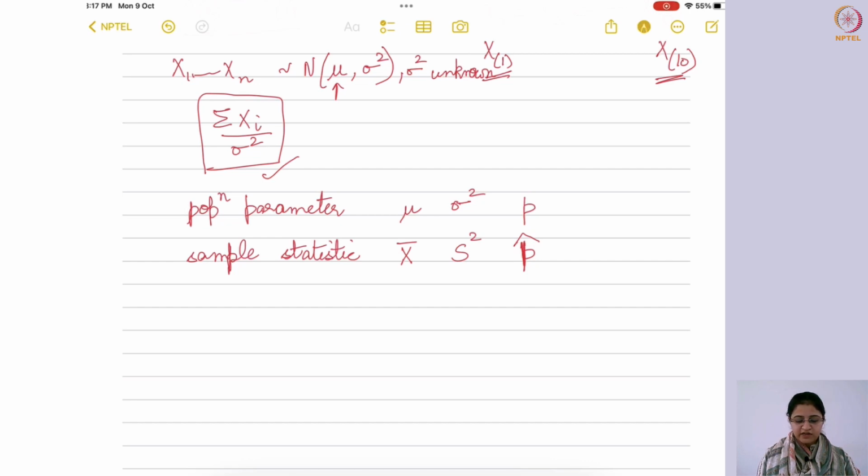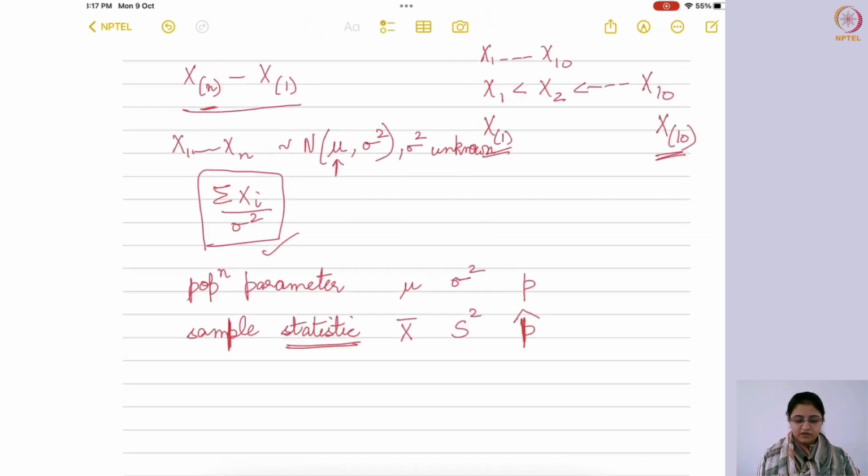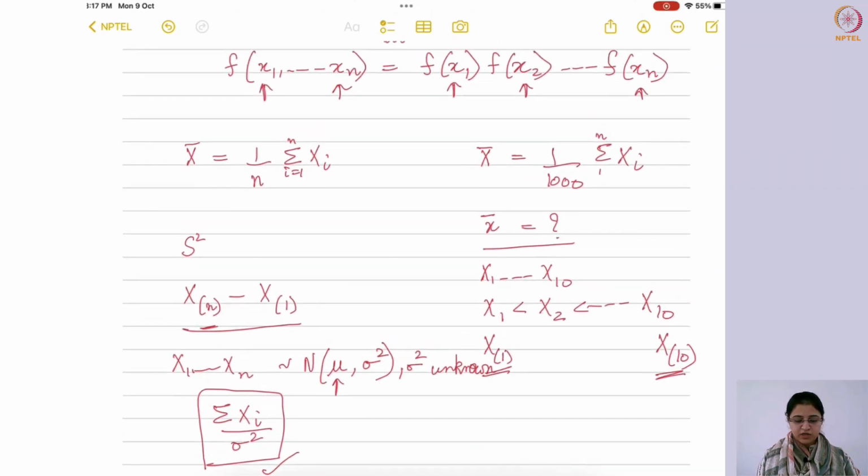And you can see that whenever we are talking about a statistic, mind it, it is not statistics, the subject, it is statistic, which is basically a function of the random sample. Now, see that whatever sample statistic you are defining, here in this case, suppose x bar, this is basically a function of the random sample. So whatever sample that you would take, it will depend upon that.